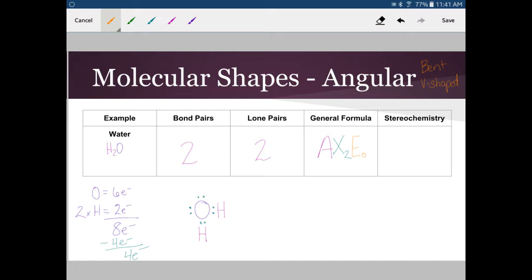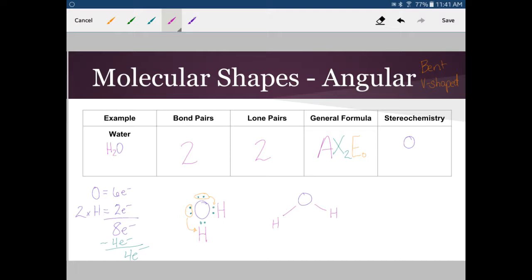Now when I go to draw this out, what happens is that these 2 lone pairs like to push on these electron pairs a little bit stronger than these guys will push towards each other. So when I create my shape, it's actually a V shape, and my electron pairs, now if I was to draw this out with my geometry, it would look something like this.